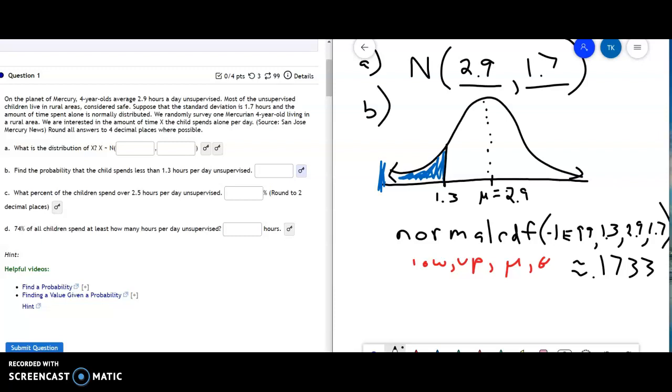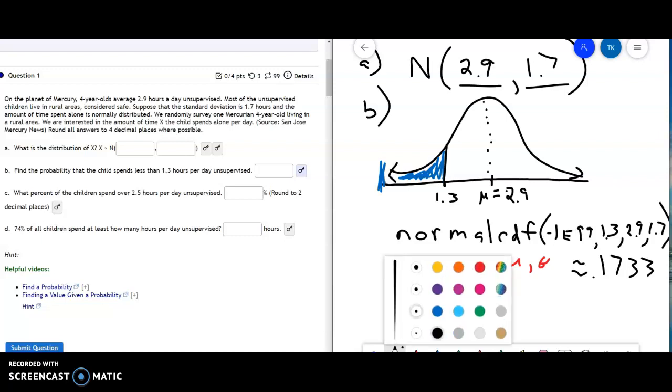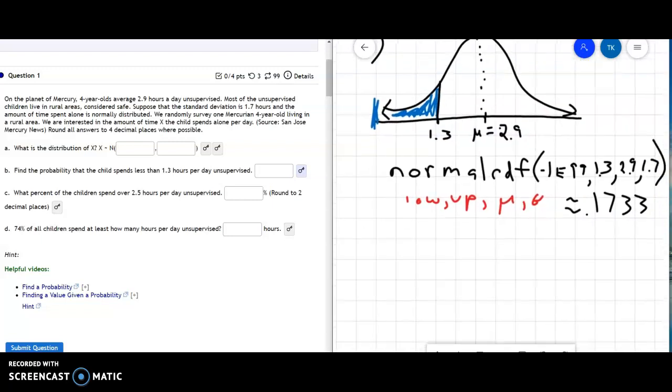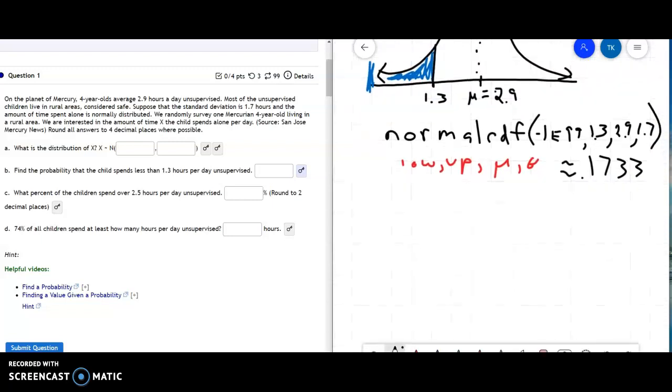Part C is going to be very similar. Again, draw a picture. What percent of children spend over 2.5 hours unsupervised? So again, draw a normal curve. You know that 2.9 is going to be dead center because that's the average that they gave you. And we want to shade in over 2.5.